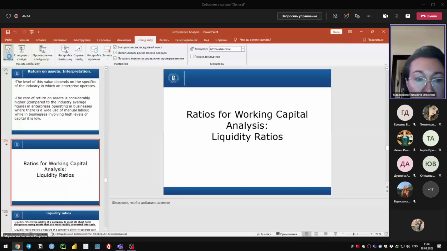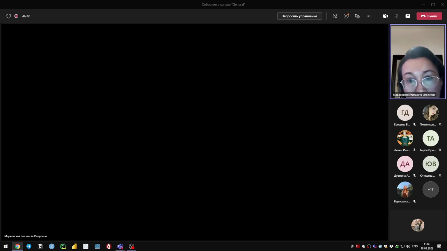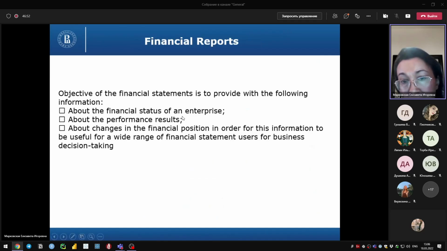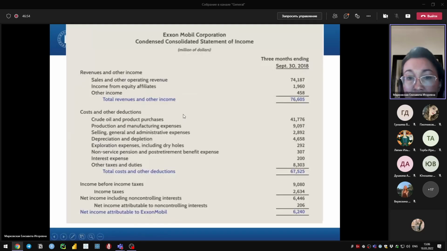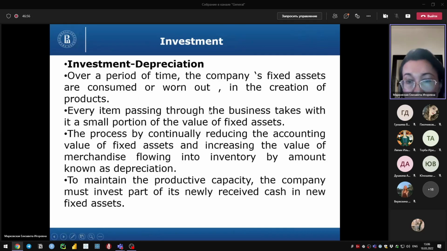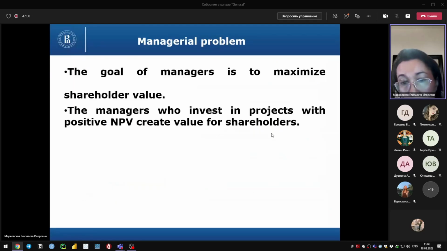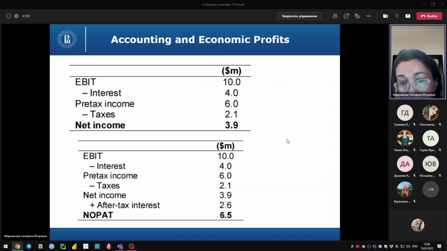And our next group of ratios is connected with liquidity and working capital analysis.